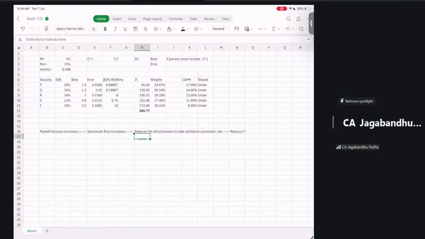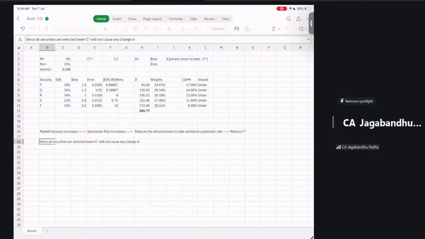But in our case, since all five securities are selected, a lower C star will not cause any change in composition.